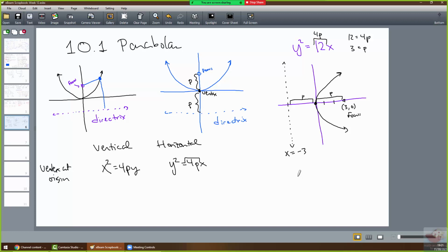Okay. The other version is the vertex at another point, (h, k). Just like in circle land, h is always with x, k is always with y. It is no different than before.